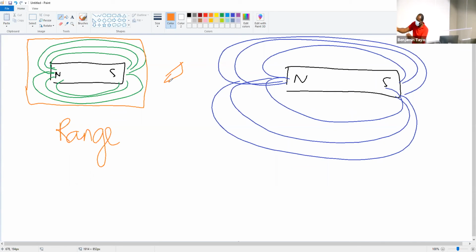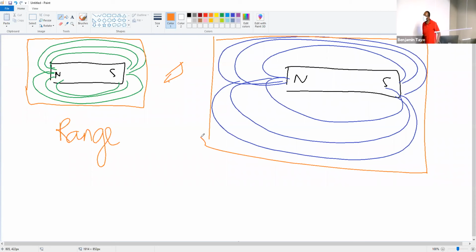But as you get closer and closer to the magnet, then you start experiencing the force. So the region where the force is acting is called the field, right? So what you can see in this example here is that I have two magnets. One of them has a much larger field, right? So it means that if I were to bring something here, it gets pulled in.